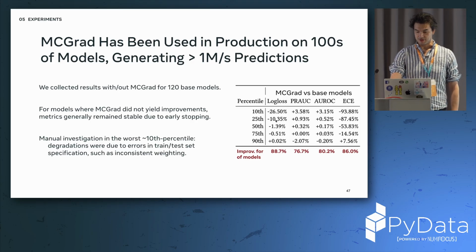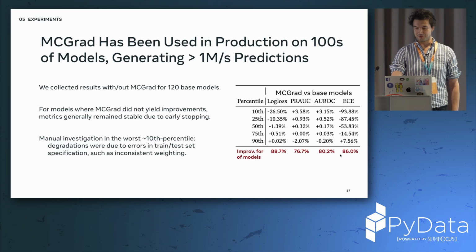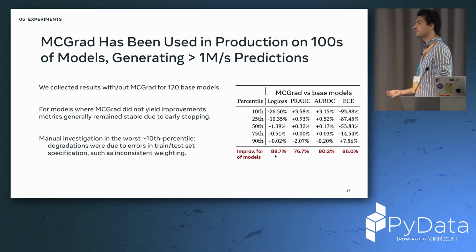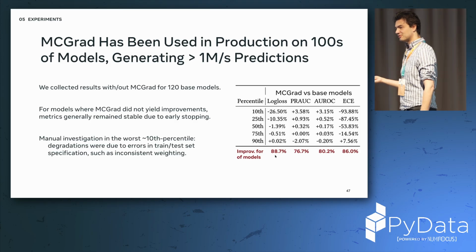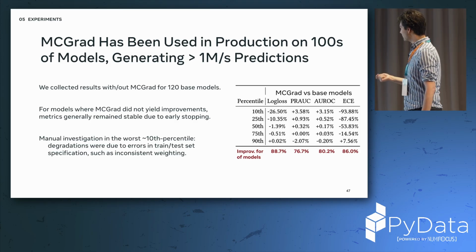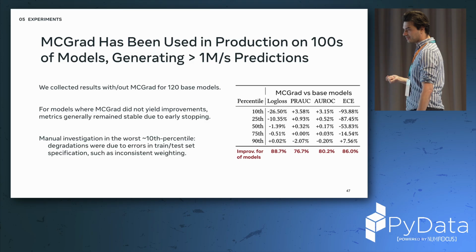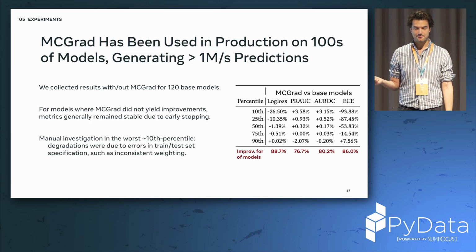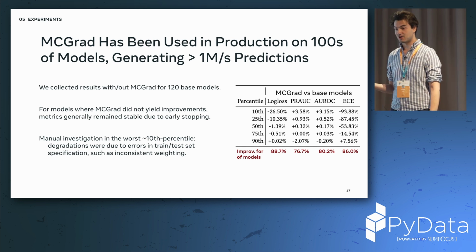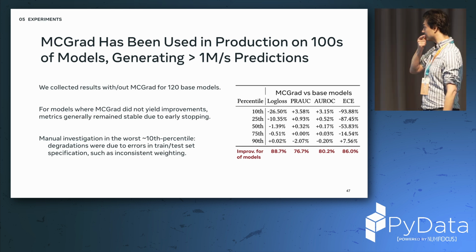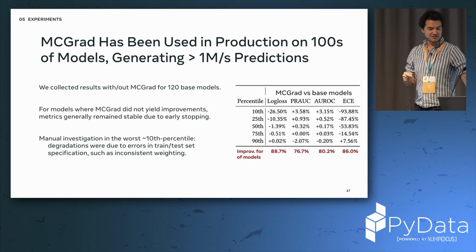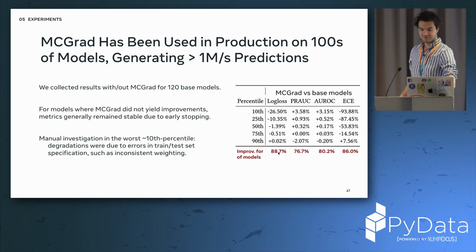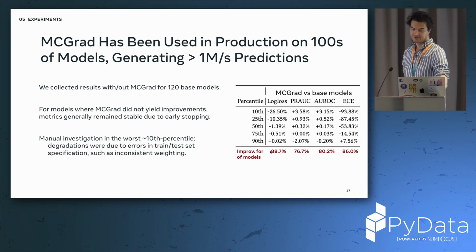We were able to validate whether we actually succeeded in improving different metrics, and whether we achieved the goal of avoiding degradations in PR curves and recall, because that was one of our design criteria. So we see, mostly, not always, that in like 80 to 90% of the cases, we actually improve these metrics.